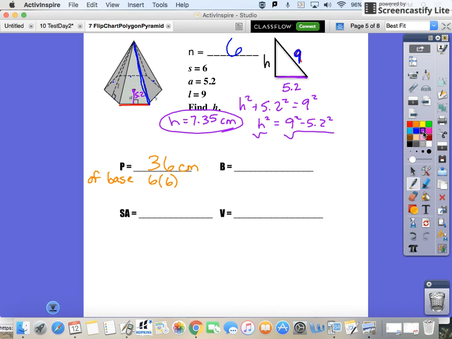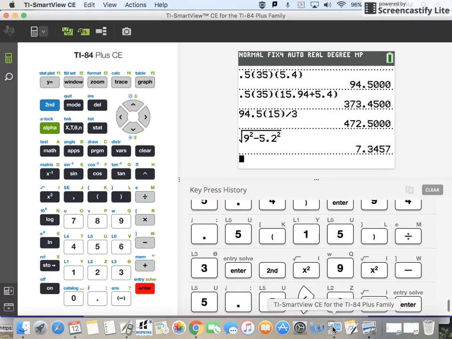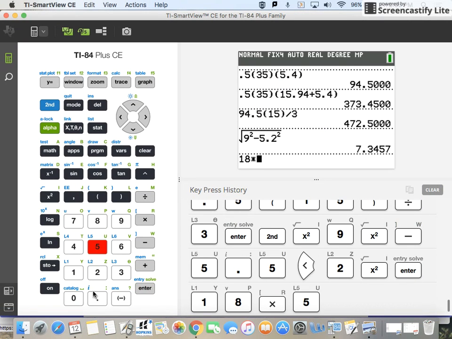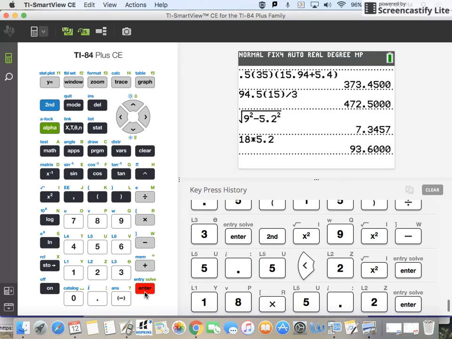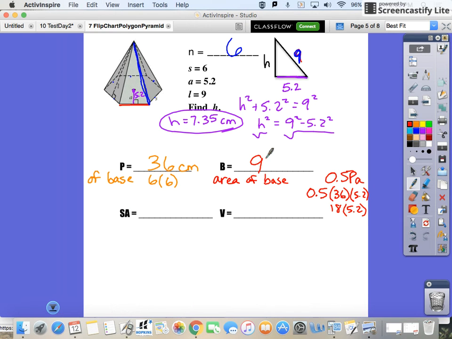And then the B is the area of the base, which is half of the perimeter times the apothem. So half of 36 times 5.2. So it's like 18 times 5.2. Half of 36 is 18. 93.6. So the area of our base is 93.6 centimeters squared.